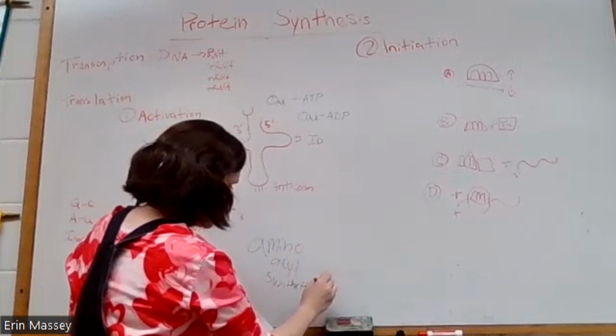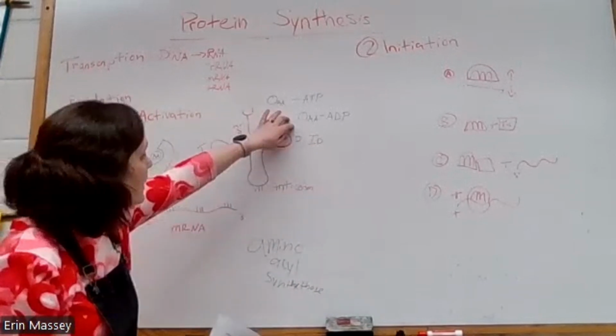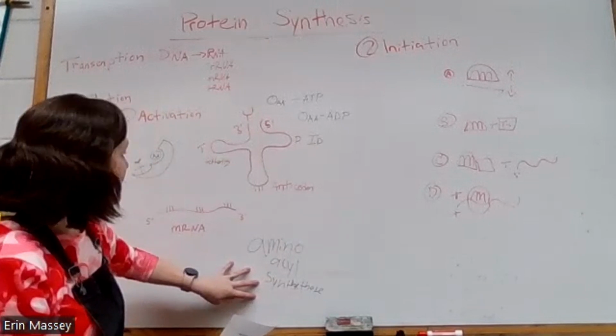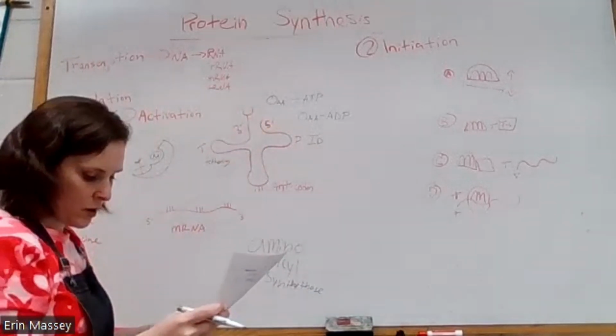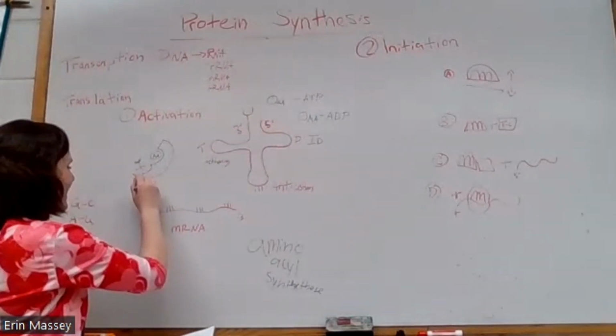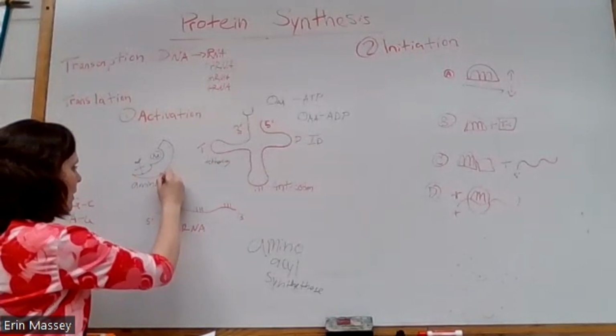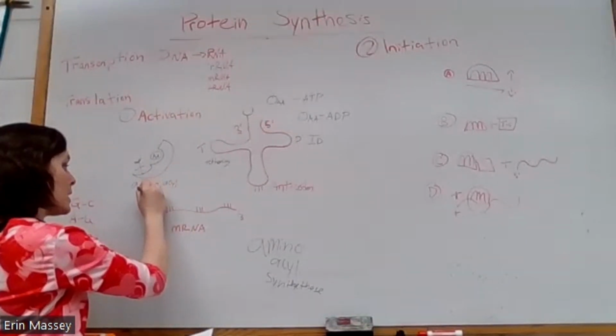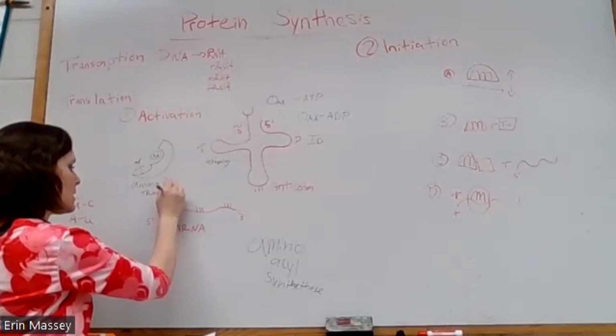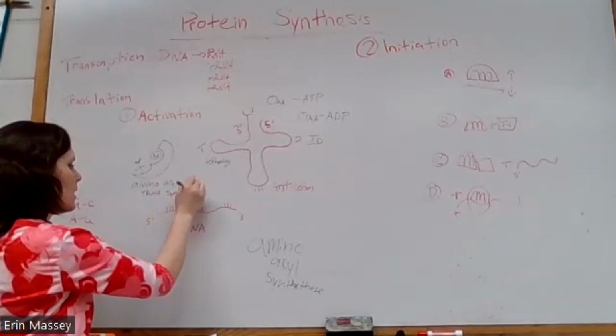Synthetase. This is important. You have a tRNA and you have a synthetase. Combine those names, and what do you get? An aminoacyl tRNA synthetase. It's both of those things together, right?